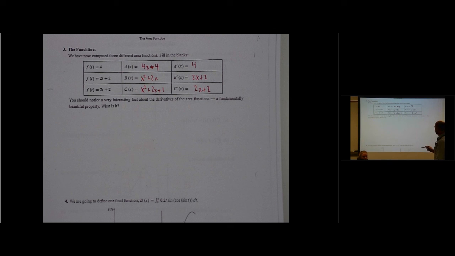It's always the original function. It's the same as the original function. So let me remind you of what we covered on Friday of last week, which was if you have a function whose derivative equals f of x, what is this function?